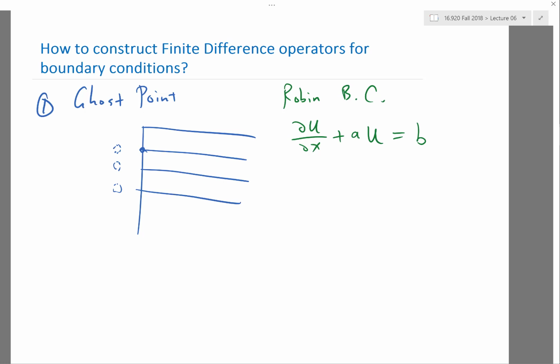So this is compared to Dirichlet, which is basically U is equal to U0, and Neumann, that is the derivative of U is equal to some known value. So if you think of heat conduction, these three different boundary conditions correspond to very real physical scenarios.